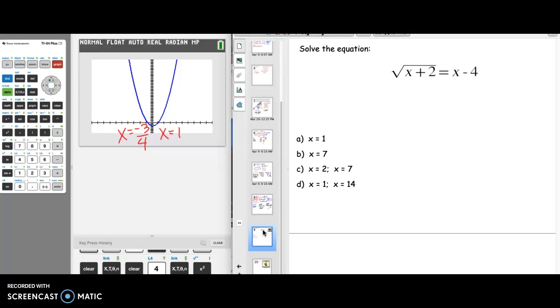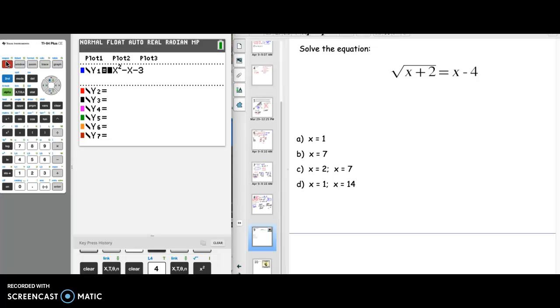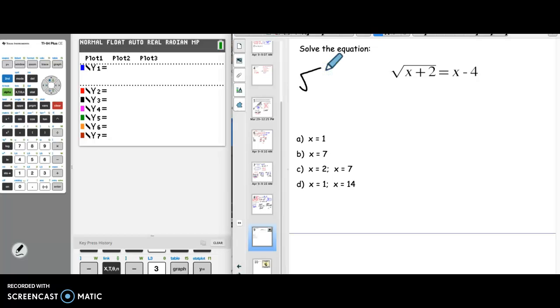Here's another one. Let's try two methods, all right? First method, let's try graphing and see how that works. In my y equals, I'm gonna subtract them to get them set equal to 0. So if I want to graph, it's gonna be square root of x plus 2, subtract x plus 4. That's how I would get it set to 0.